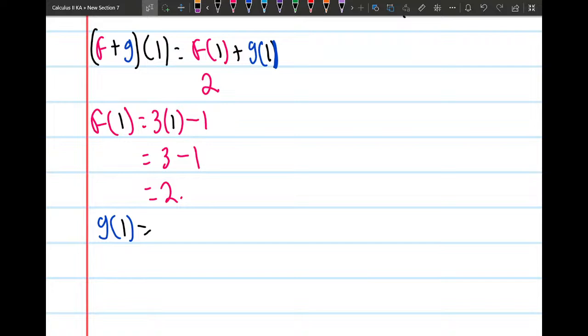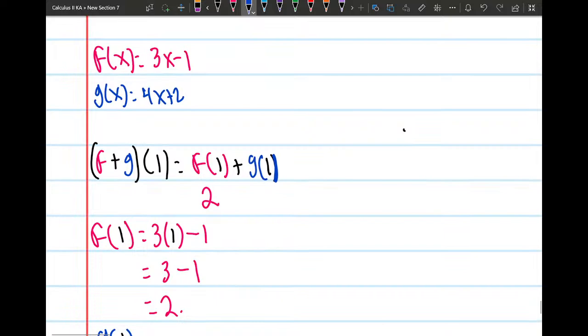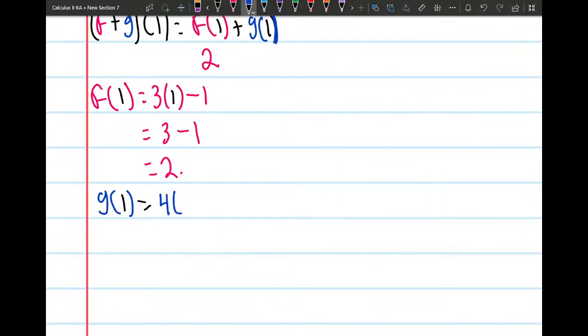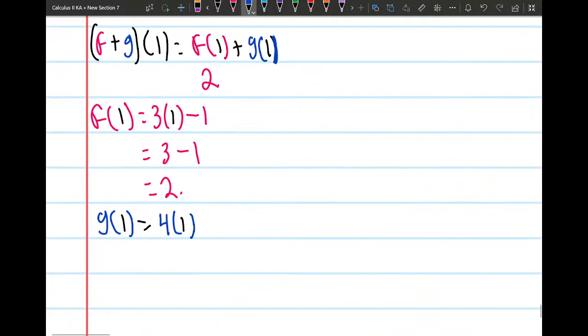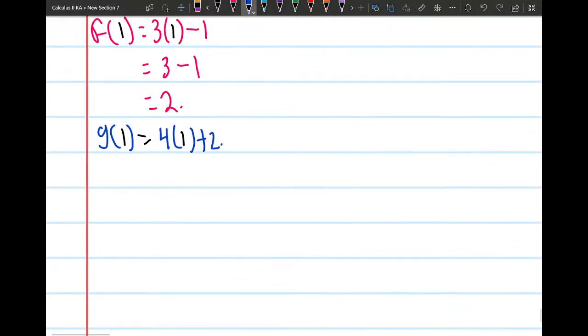So g of 1, like I said, is going to be 4 times 1, close parentheses, and then plus 2. So then this will be 4 plus 2, which is 6.